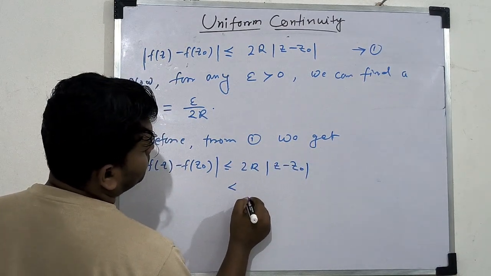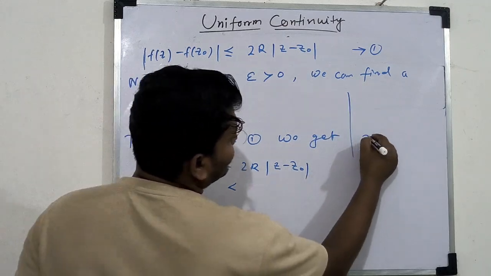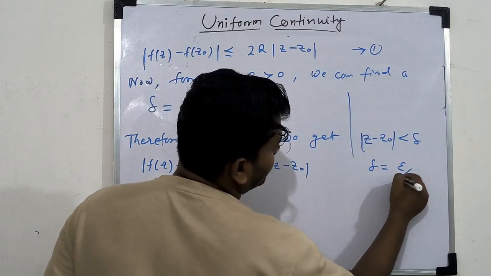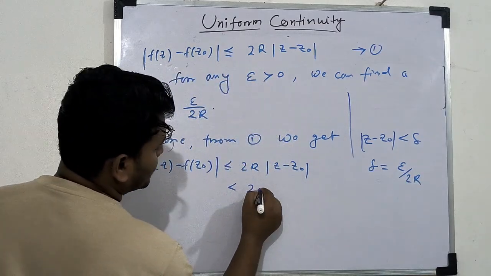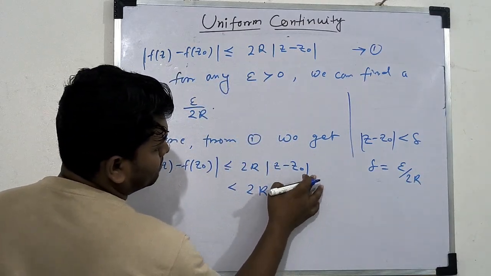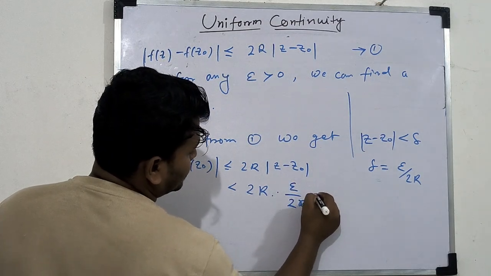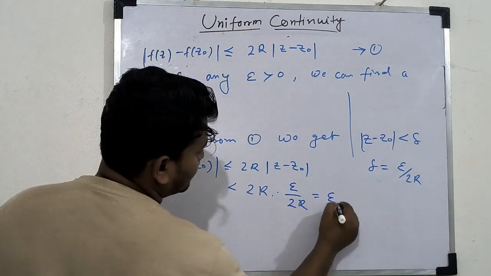Here we choose modulus z minus z0 less than delta, and we choose delta equal to epsilon by 2r. So we get 2r into delta, which is epsilon.